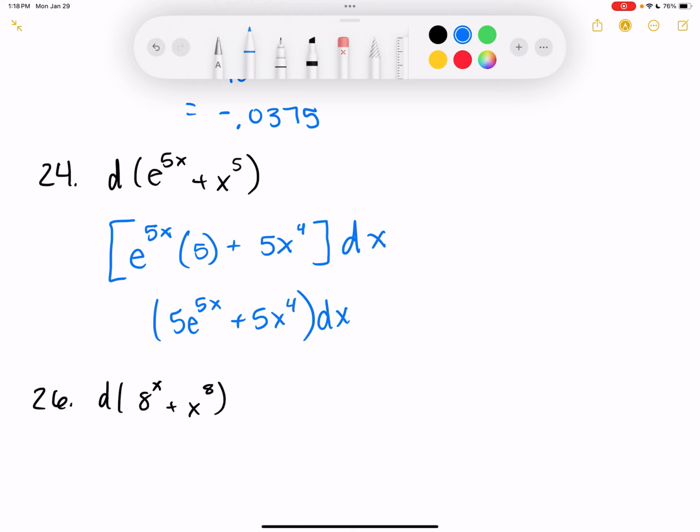Ethan, do you know the derivative of this? How about 8 to the x ln of 8?